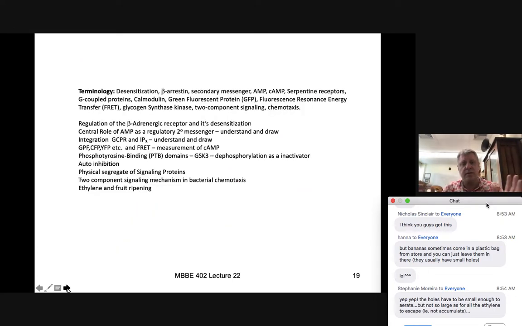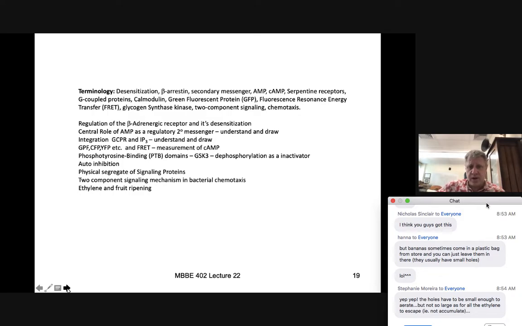So we looked at some interesting terminology in regards to desensitization, the beta-arrestin, the secondary messenger system, cyclic AMP, serpentine receptors, G-coupled proteins, calmodulin, green fluorescent proteins, fluorescence resonance energy transfer, known as FRET, glycogen synthase in regards to auto-regulation and auto-inhibition, and the two-compartment signaling system, particularly focusing on chemotaxis in E. coli.